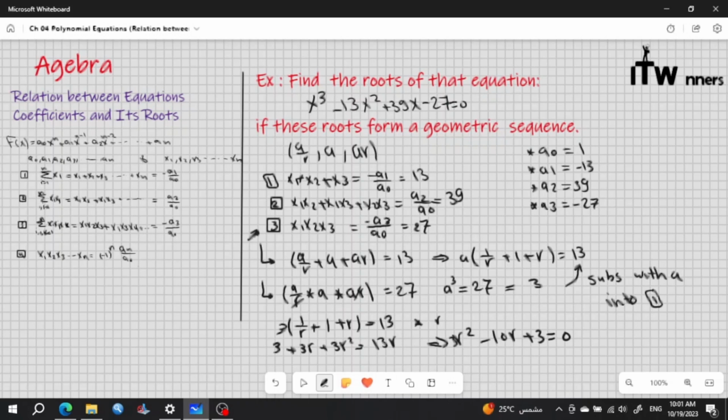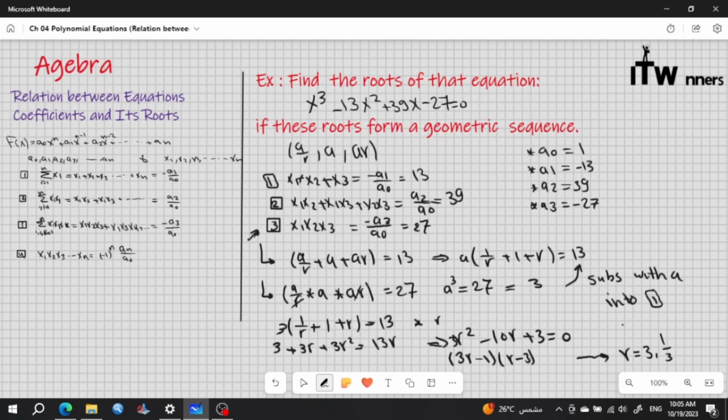Then this will be (3r − 1)(r − 3). So r equal to 3 or 1/3.